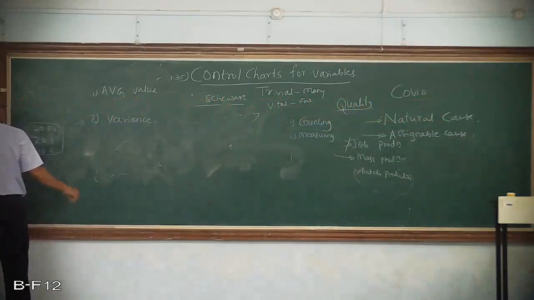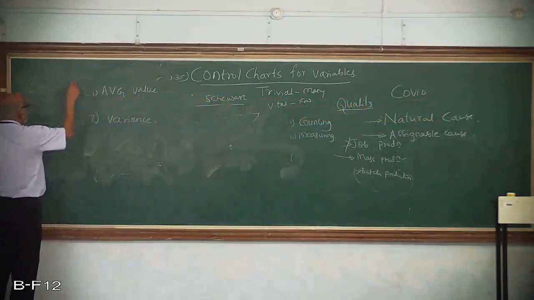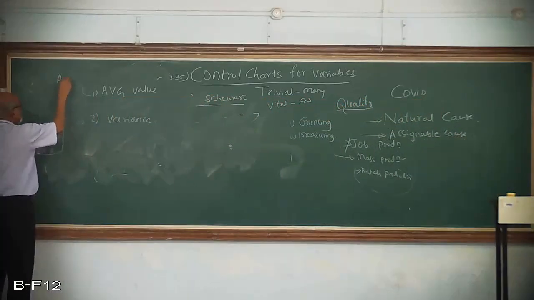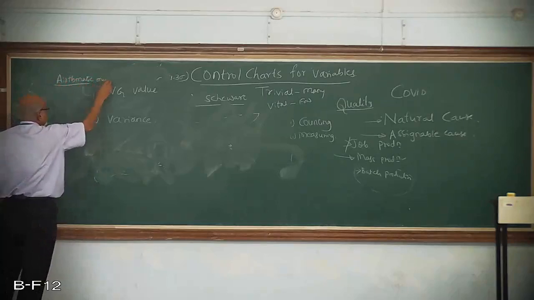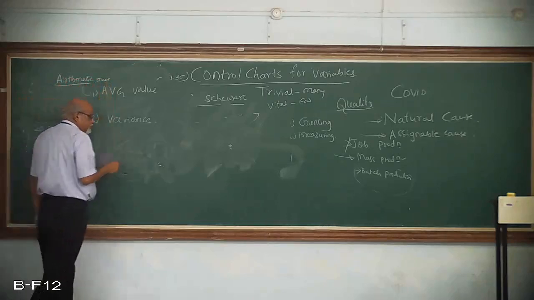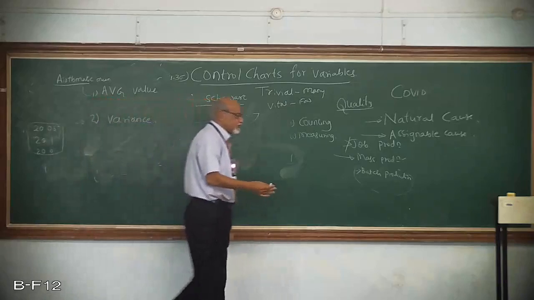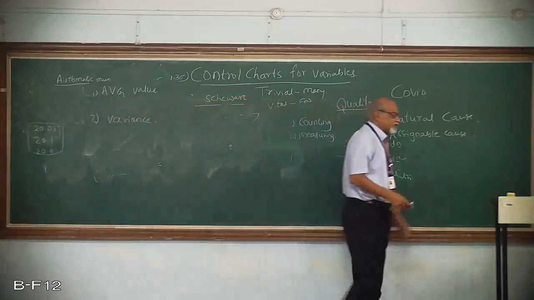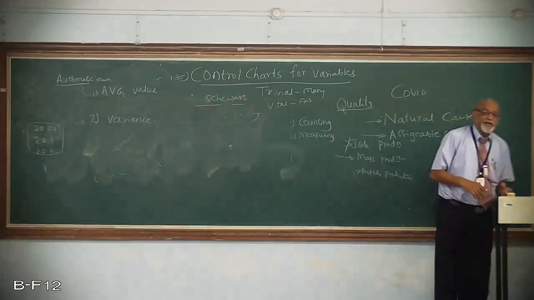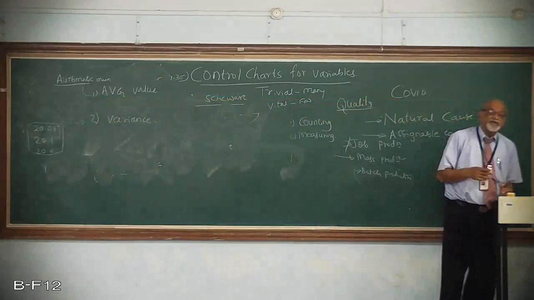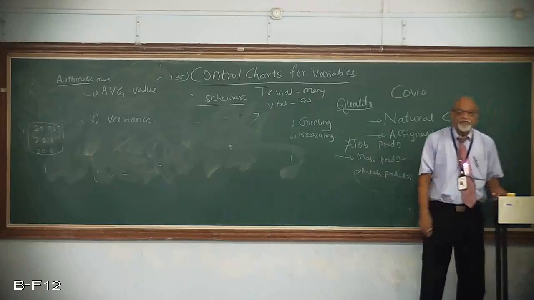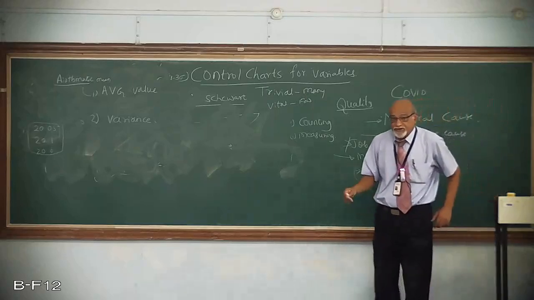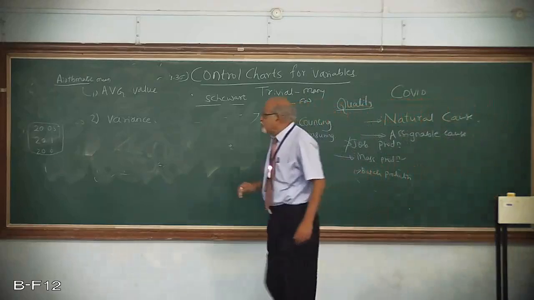One of the measures of central tendency is the arithmetic mean. Mainly arithmetic mean, the general thing, average, what we call, that is nothing but arithmetic mean, because the other measures of central tendency are mode and median, but arithmetic mean is widely used because it is susceptible to further mathematical treatment, for that reason, no other reason.